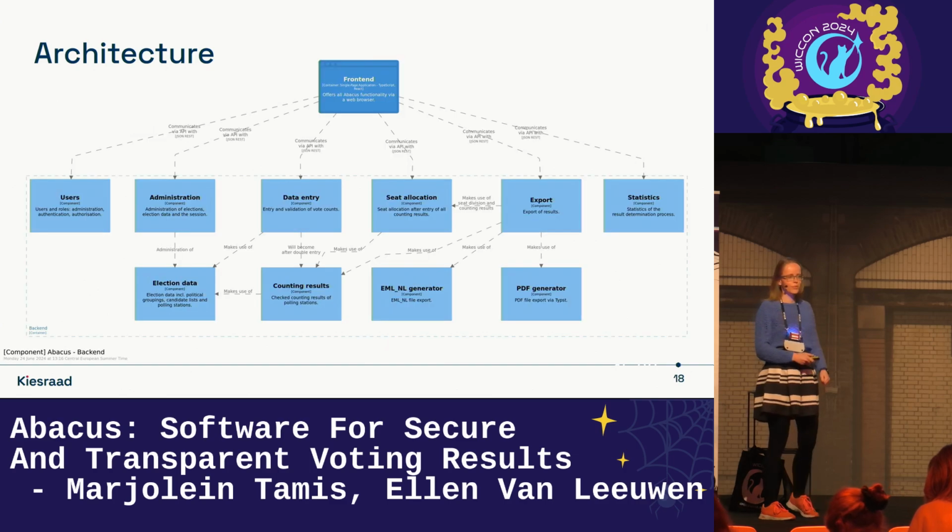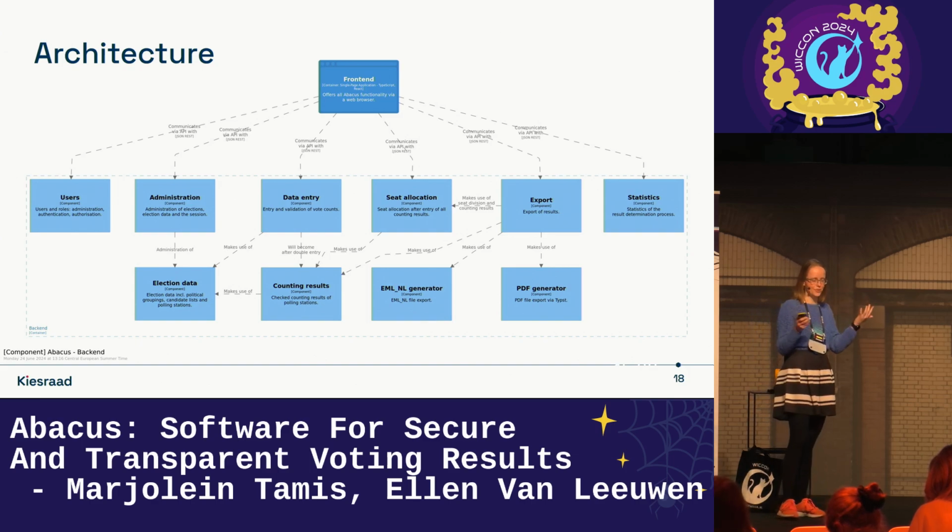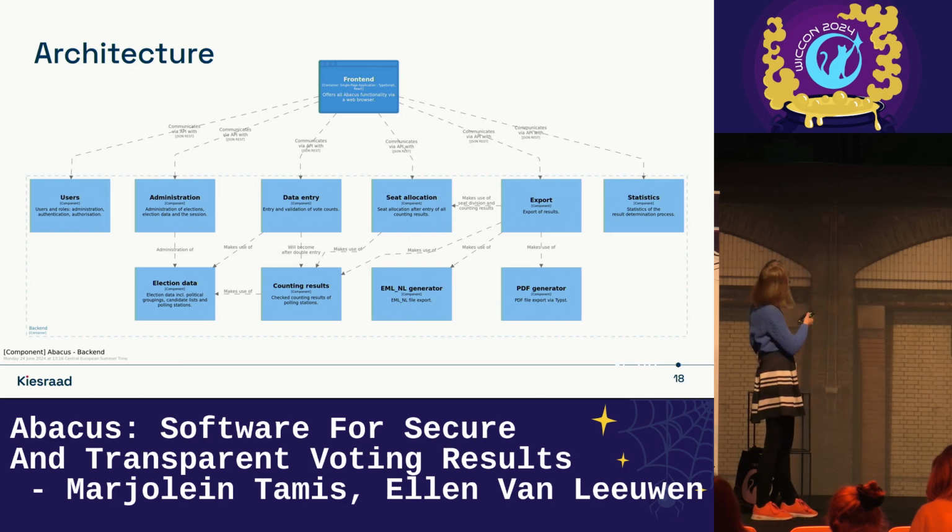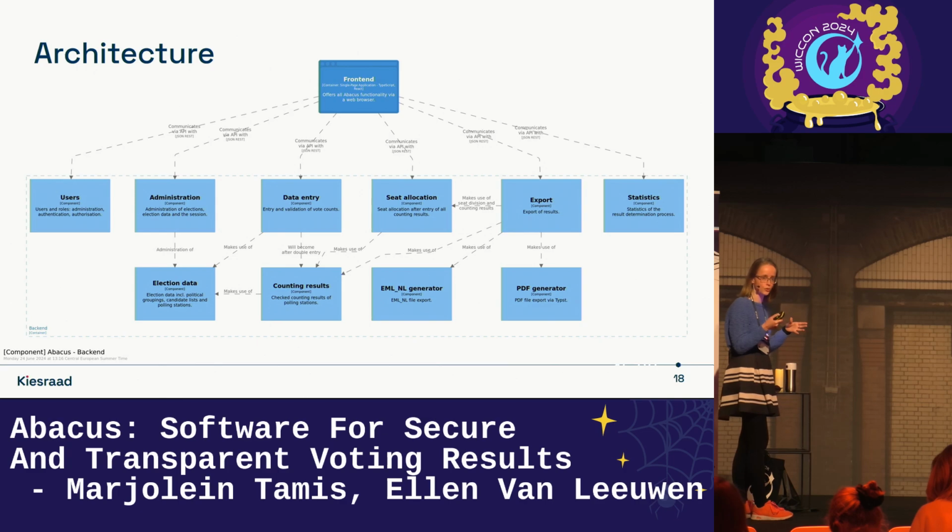Then let's dive a bit more into the backend, because basically we try to model the whole election result process in the backend. First of all, let's start on the left-hand side. We'll have the component for users, which will manage the administration, authentication, and authorization of the users.